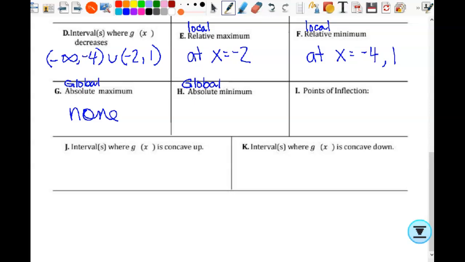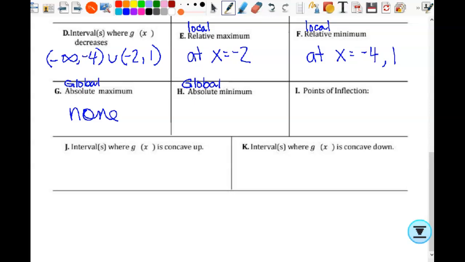But what can you tell me about the degree? What does it have to be? Even. Okay? Yeah, the degree has to be positive. You can't have a negative degree. But it's going to be even because if it's even, it ends up, which means we're not going to have a maximum, but we're guaranteed a minimum then, right?